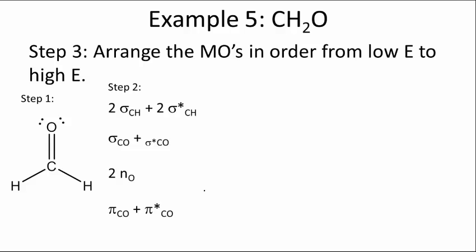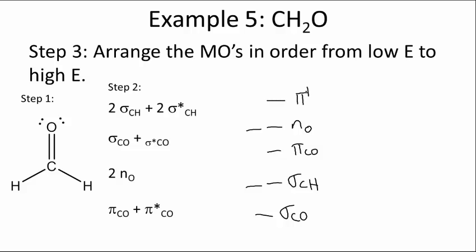Next, we're going to put them in order from low energy to high energy. So what's going to come lowest in energy? Sigma CO. What's going to come next? Sigma CH. Pi CO. Then non-bonding.